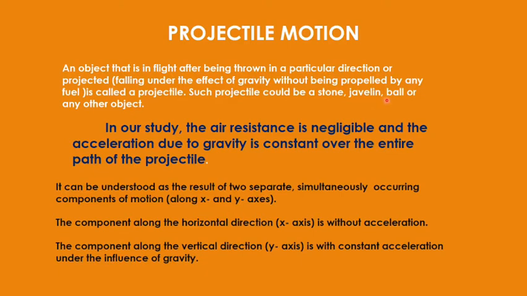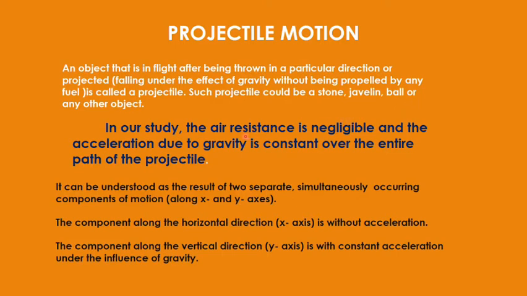So when such a body is falling under the effect of gravity after being thrown, that is known as a projectile. So a projectile is any object that is in flight after being thrown in a particular direction, and it is made to fall under the effect of gravity. Of course, we are not using any fuel to make it move. So it moves only under gravity.